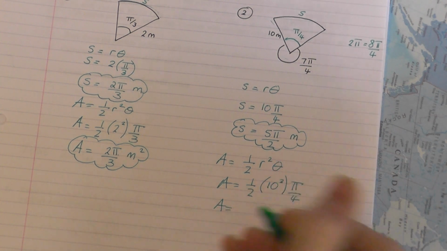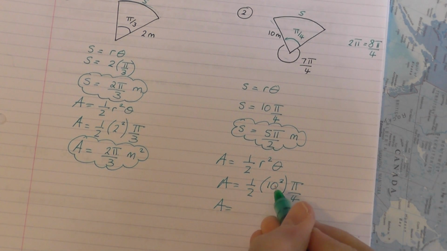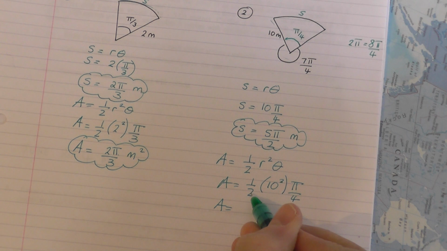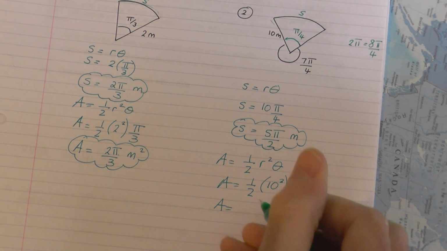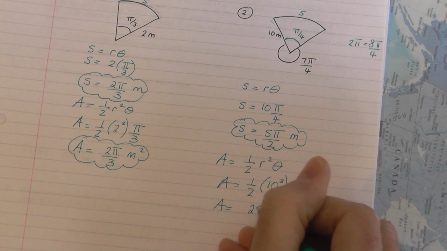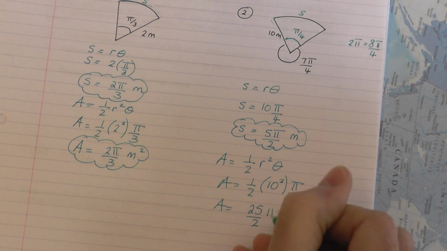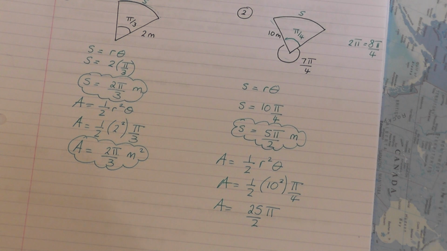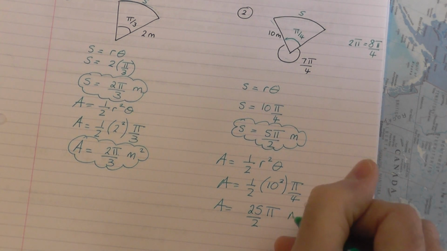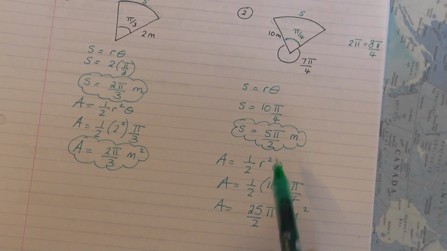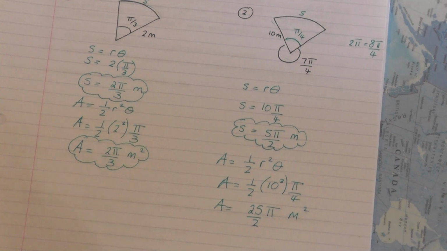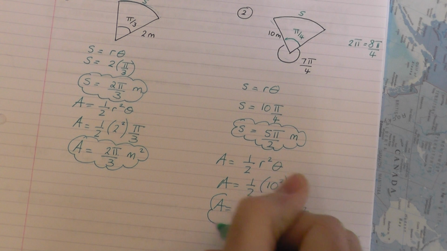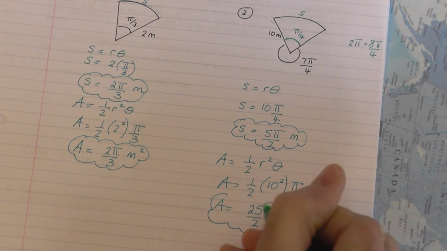So you get A equals 10 squared is 100, divided by 2 that's 50, 50 over 4, which is 25 over 2 if you cancel it. So you get 25 pi over 2, and we're in meters squared. Notice this time the answers are not the same, and obviously last time that was just a coincidence. So there's the area in that case.